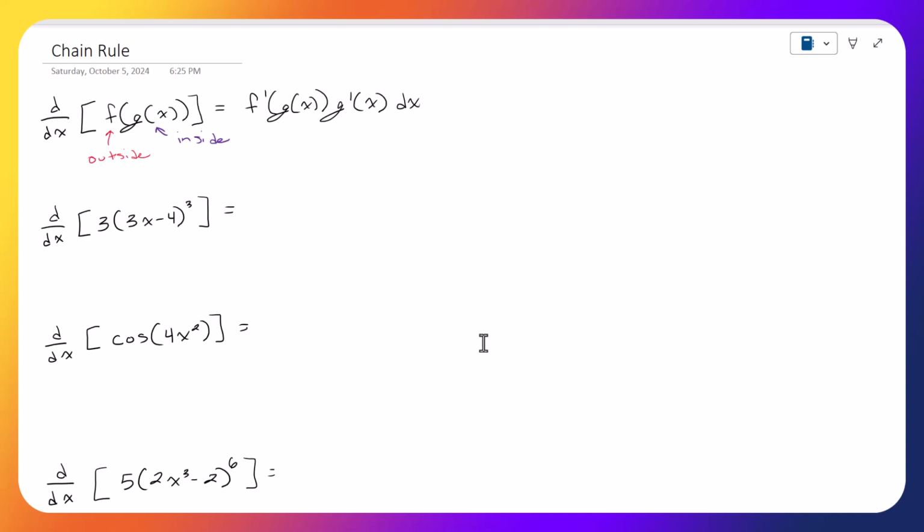So looking at this first example here, oh, I forgot to write examples. The derivative of 3 times 3x minus 4 cubed. Well, we can just think of this as a power rule originally, where our n equals 3 for our outside function.